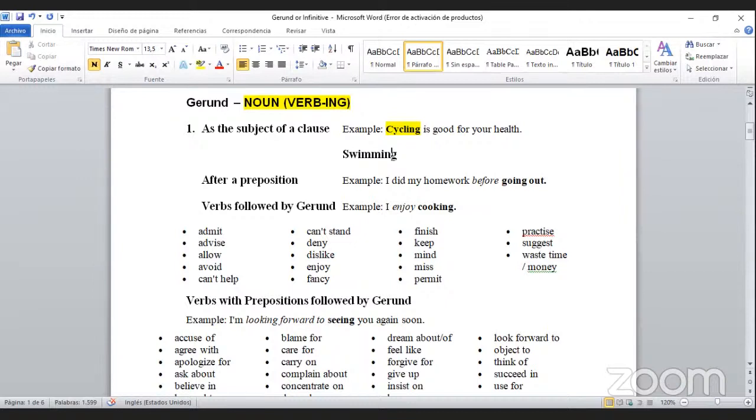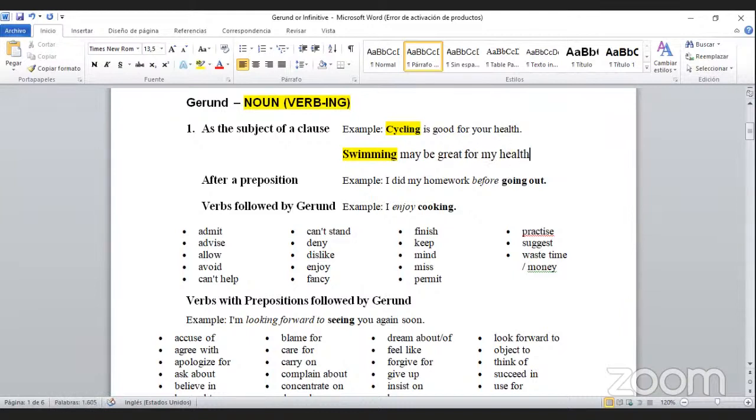When we start a sentence with a verb, the verb always has to be in gerund form. So here I have the verb swimming. I can use it in whatever tense, maybe present, past, future. For example, now with a modal verb, I can say swimming may be great for my health.